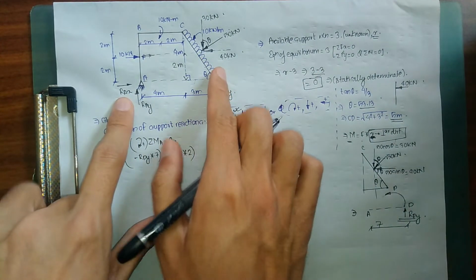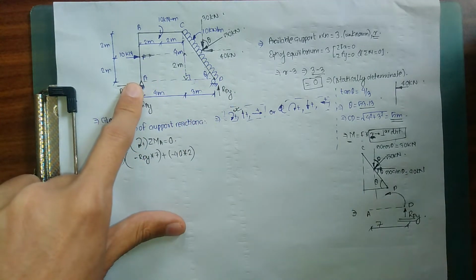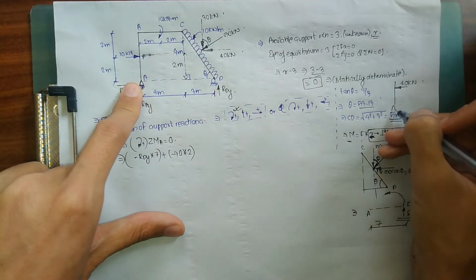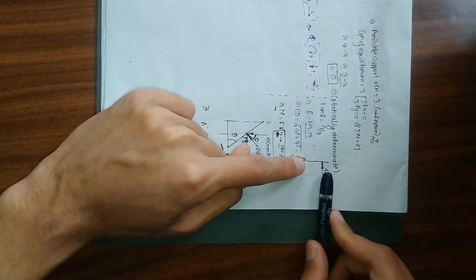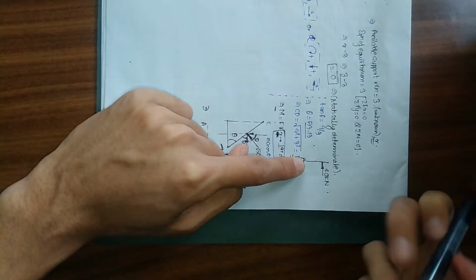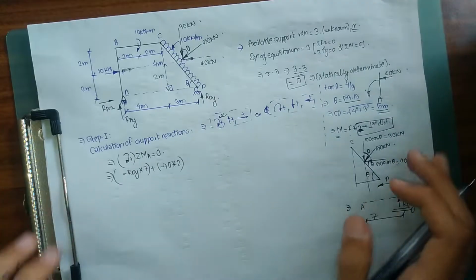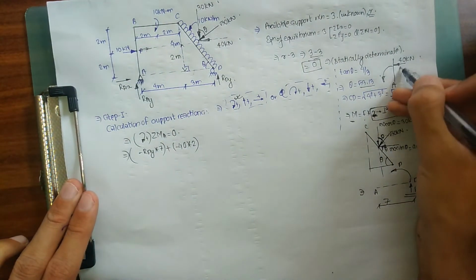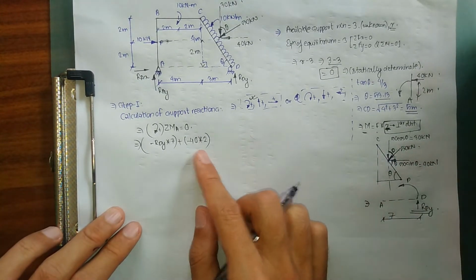You can simply shift the force of 40 kilonewton to point F in order to understand how the moment is produced. Here is our point A, and if I turn my figure to this side, 40 kilonewton is acting downward, so it's also going to produce anti-clockwise moment. My perpendicular distance is 2 meters, so it's simply going to be minus 40 into 2.